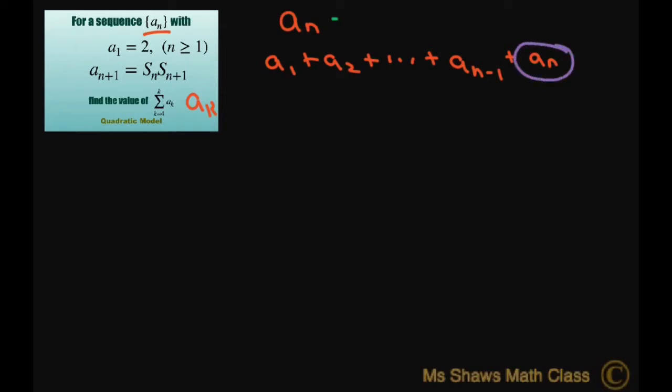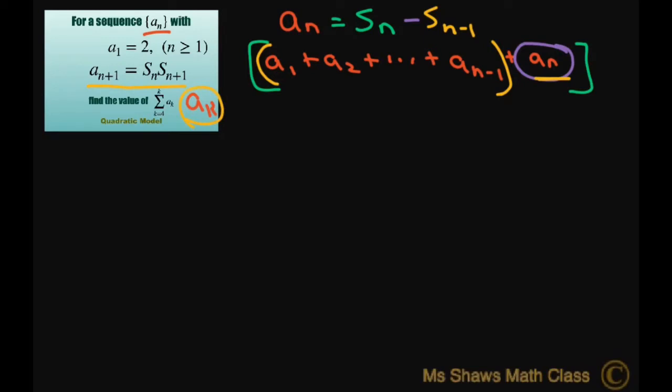I can do that by taking the sum of all the first n terms and then subtracting the sum of all the terms except the last term. So it would look like that, and that would give me a sub n. And the reason I'm doing that is because we have this a sub n plus 1 here, and we're also looking for a sub k.